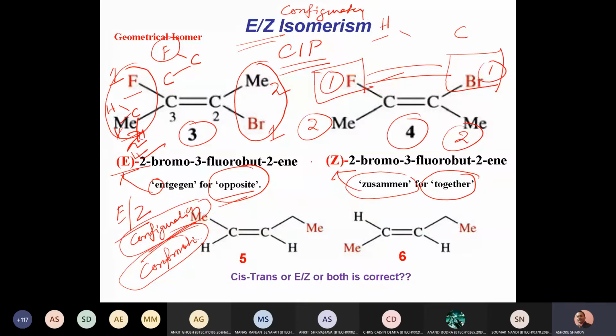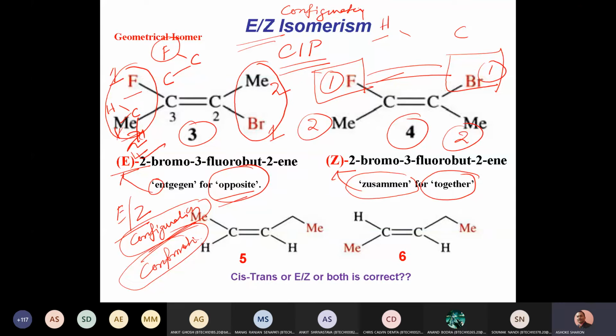Because of this property, because they cannot interconvert, we say configurations. We avoid using conformation because conformations actually interconvert. So we talk about non-interconvertible forms, and that is the reason we call it EZ configuration.